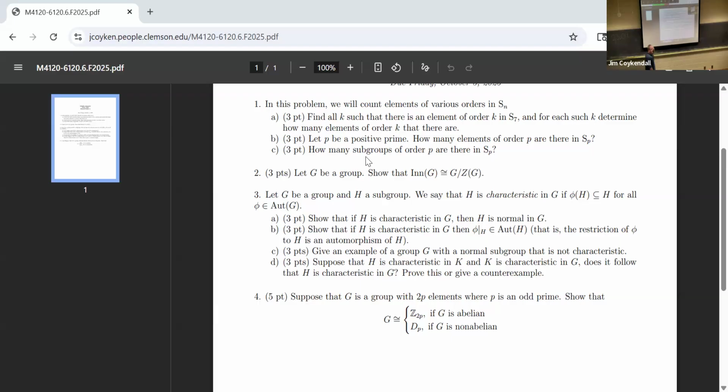And groups of order 3P, yeah, there are cases where there's only one group. So for example, 3 times 11, 33, there's only the cyclic group. So it's a bit different in that case.